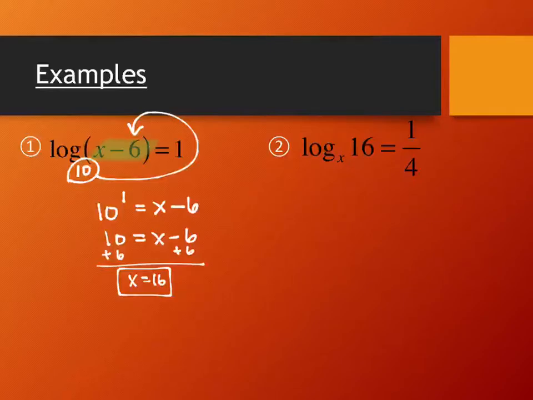So I already mentioned on number 2, I also need to rewrite this one because my base itself is the variable, and I need to draw my tail around. So x is my base. Crossing to the other side, the power is 1/4. It lands on being equal to 16. Now you can leave it written as 1/4 if you wish, or you could rewrite the 1/4 as 4th root.